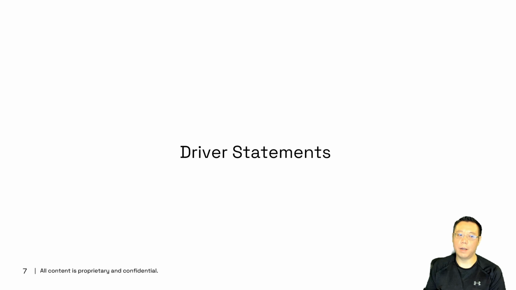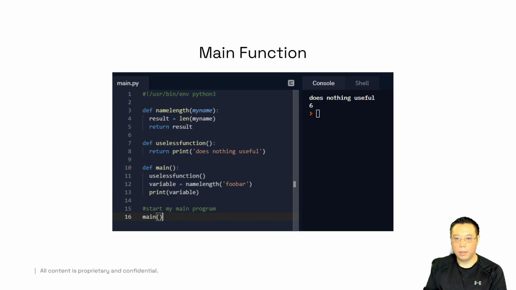The other thing that we have to keep in mind is driver statements. And driver statements are also called dunder main statements inside Python. Let's take a look at what that means. Here I have multiple functions. We have my name length function that we saw earlier, a useless function that is nothing but print stuff. And then we have my main function, my main page.